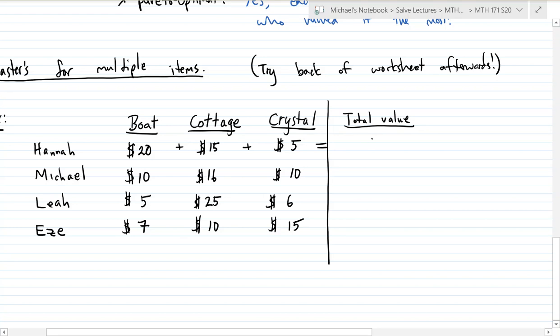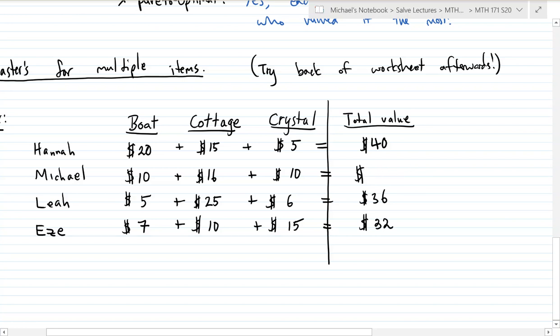In total, Hannah values the whole lot at $40,000. Michael values the whole lot at $36,000. Leah values it at $36,000 in total as well. And Ase values it at $32,000.